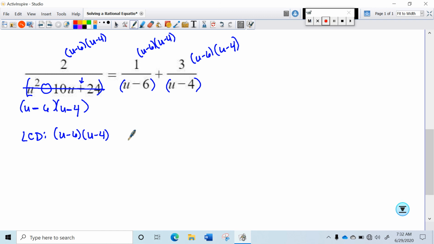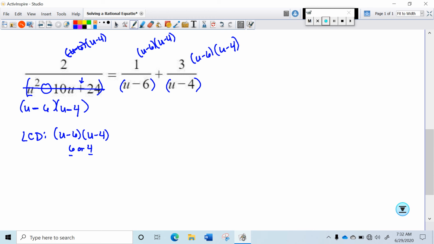My excluded values: the opposite of negative 6 is positive 6, or the opposite of negative 4 is positive 4. So when I get my final answer, if I get one of those, then those can't be part of the answer. So let me work with this.